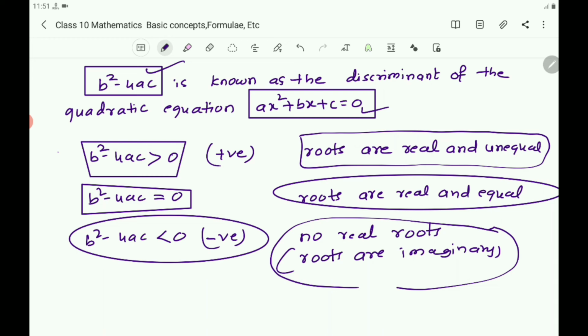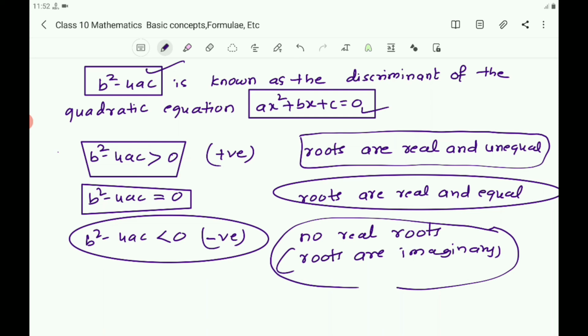So this is about the nature of the roots, which depends upon the value of b square minus 4ac. Three types of nature: real and unequal, real and equal, and no real roots, for b square minus 4ac greater than 0, equal to 0, and lesser than 0 respectively.